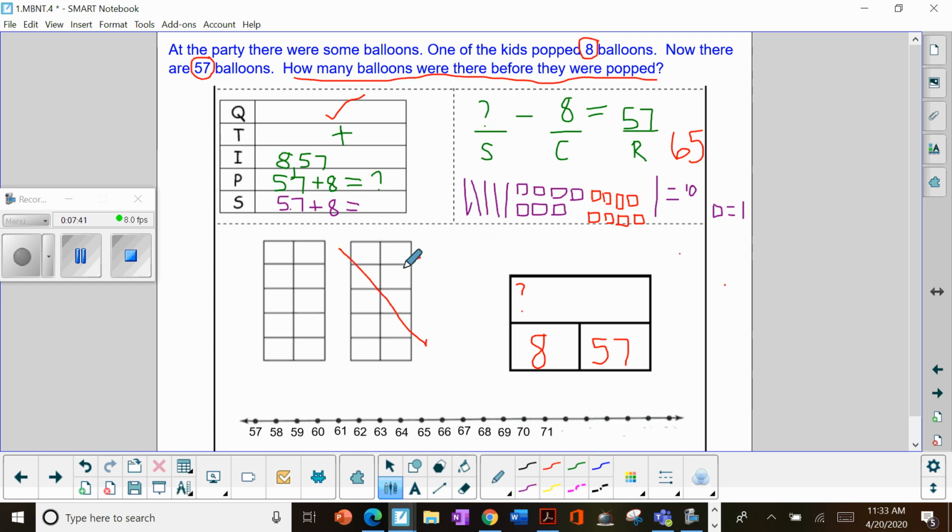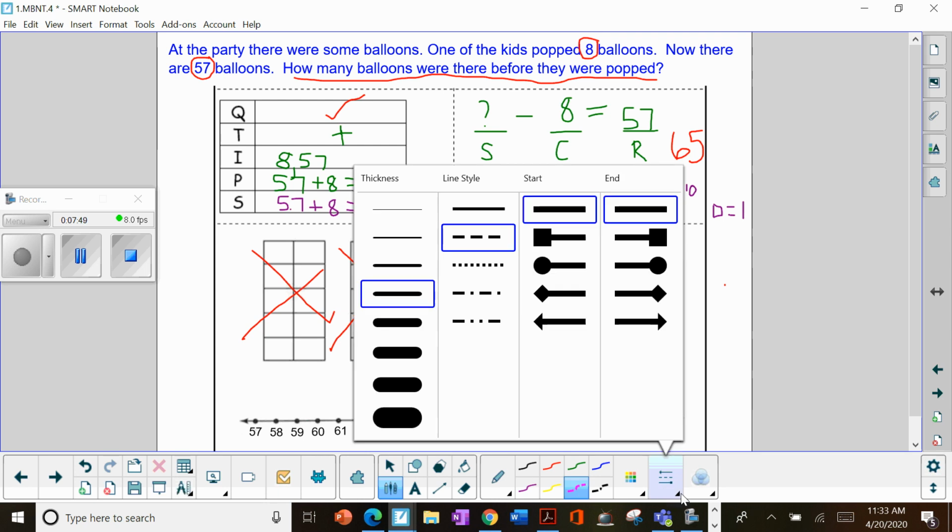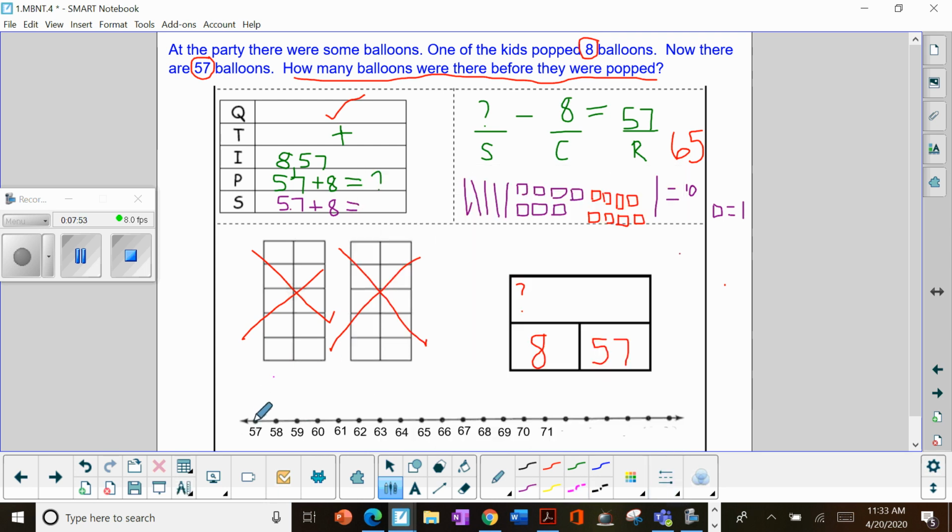Again, we're not doing 10 frames right now. We are going to go to our number line. All right. So we know that we're going to start with 57 because that's a bigger number, and then count up 8 times. 1, 2, 3, 4, 5, 6, 7, 8, and we land on 65.